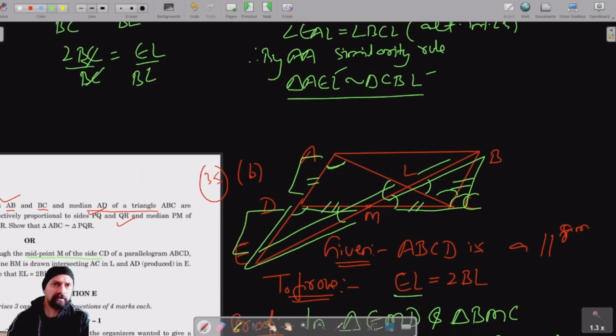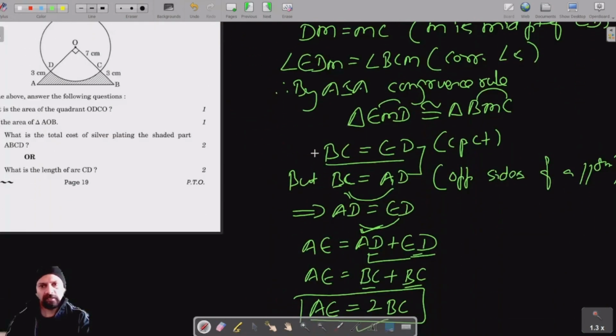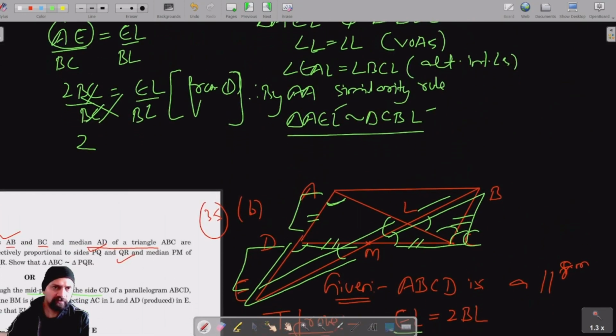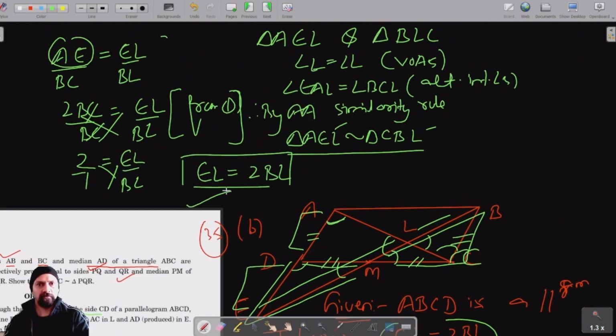This gets cancelled, and we get 2 upon 1 is equal to EL by BL. If we cross multiply, EL will be 2 times BL. So this is what we have to prove: EL is equal to 2 times BL.